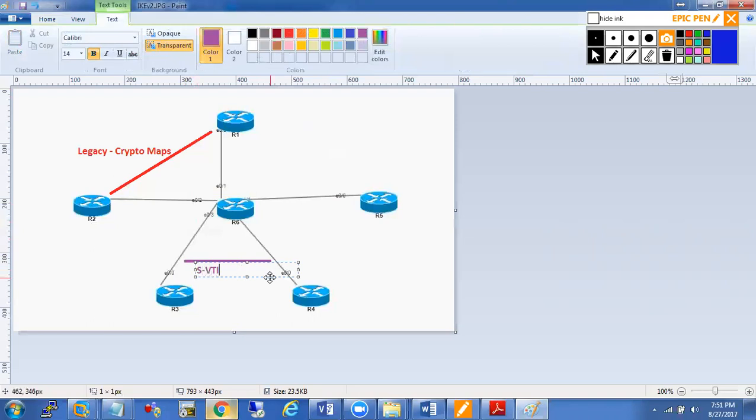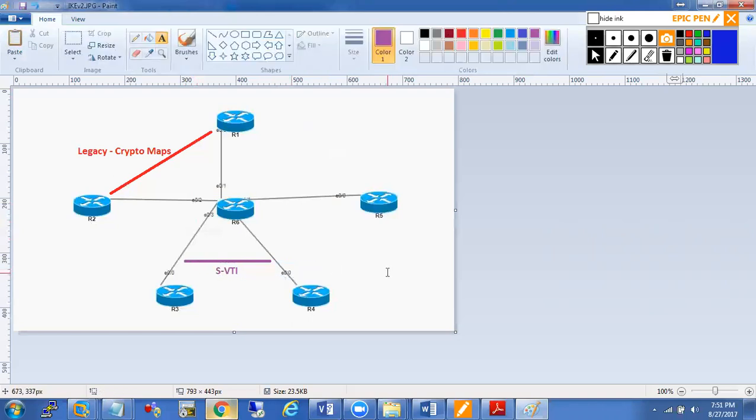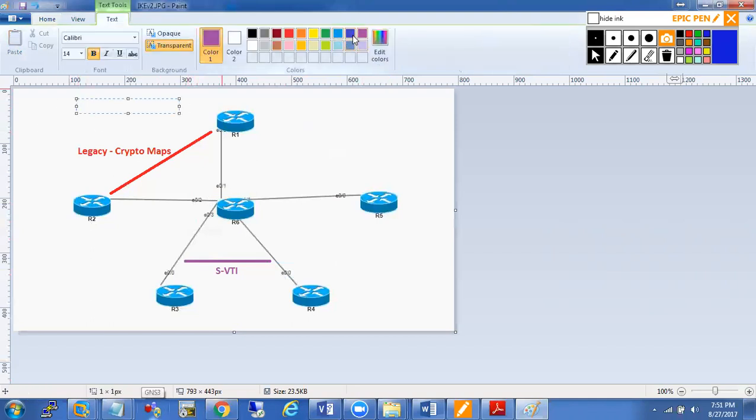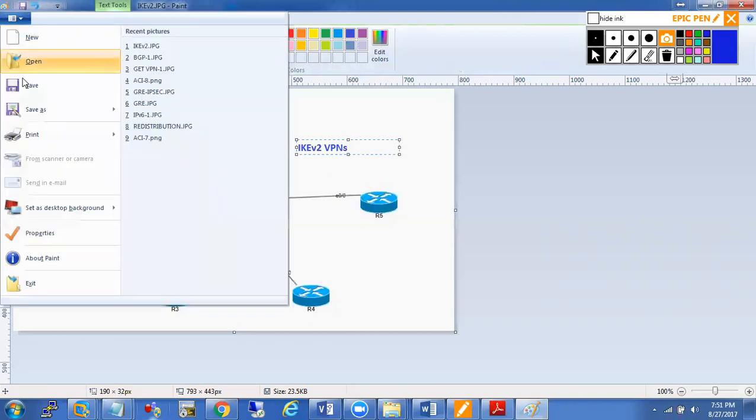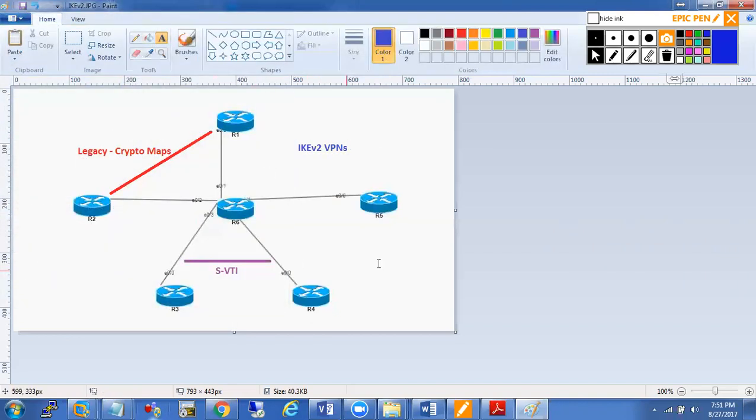The command syntax is slightly different, so I want to show you guys both. All four IKEv2 VPNs. Save it. That's my objective over here.